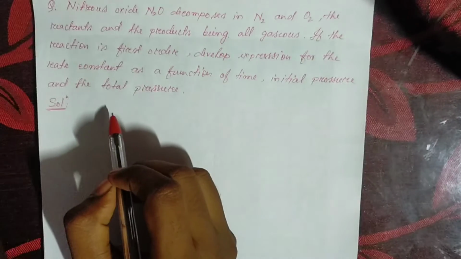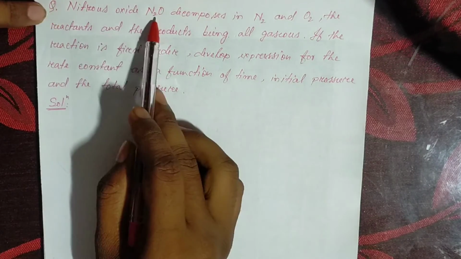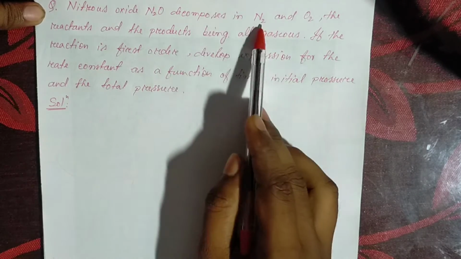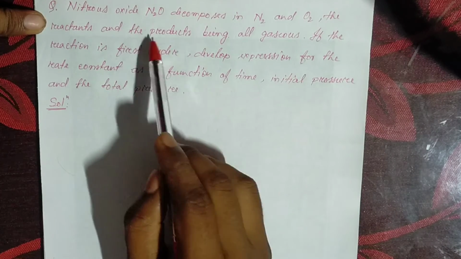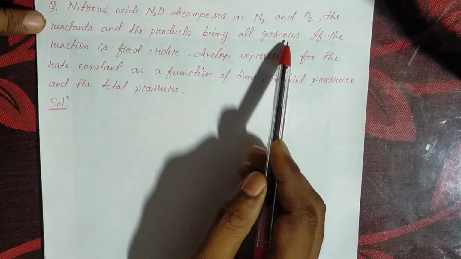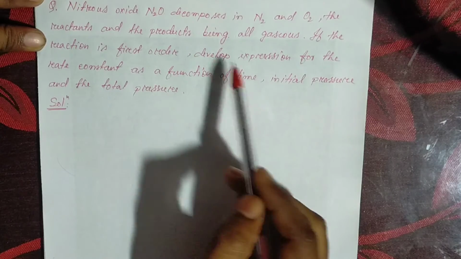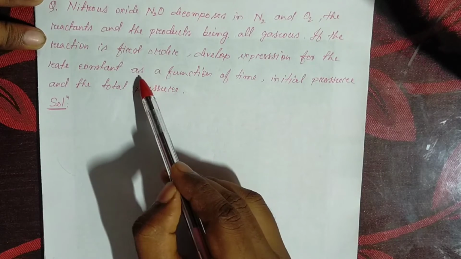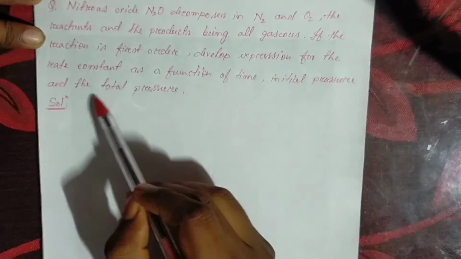So in this problem, nitrous oxide N2O decomposes into N2 and O2, and the products are all gaseous. If the reaction is first order, develop an expression for the rate constant as a function of time, initial pressure and total pressure.